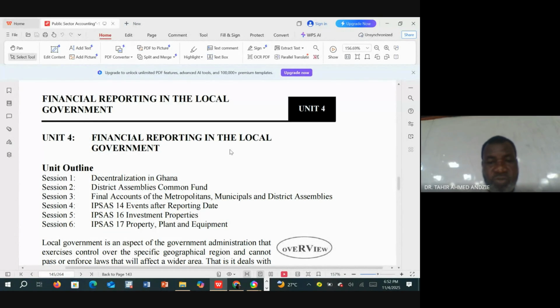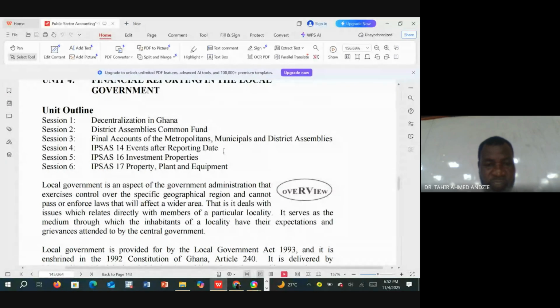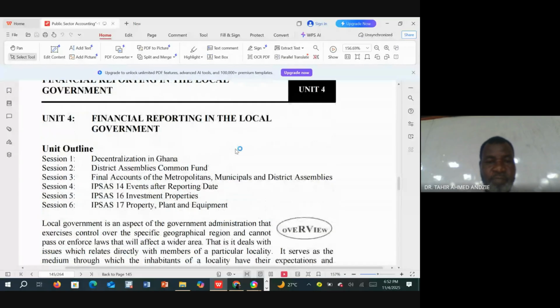This is submitted to the Regional Coordinating Council, and the Regional Coordinating Council will put all the accounts of the various districts together to be sent to the Ministry of Finance.